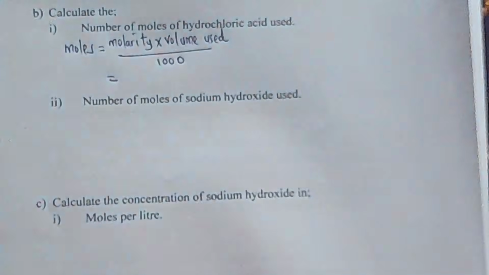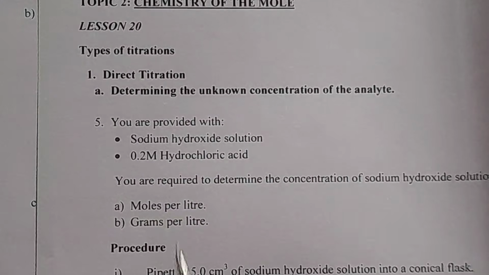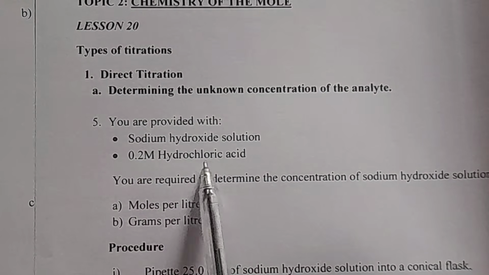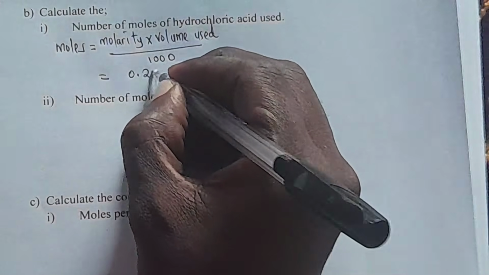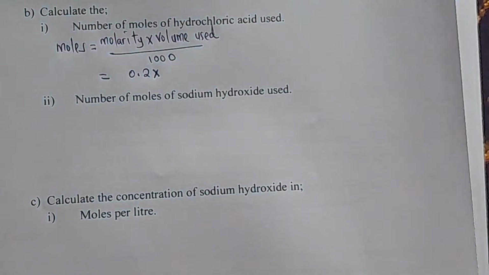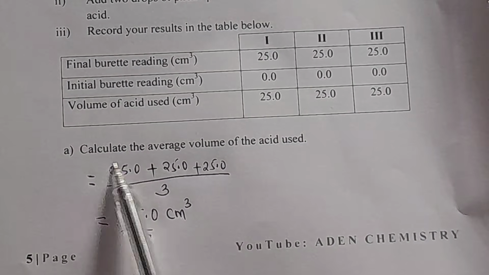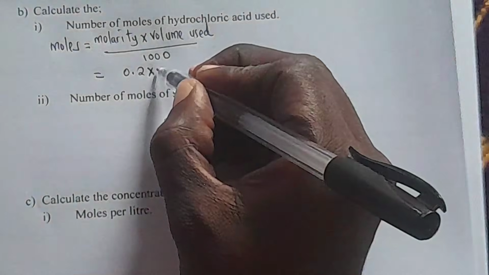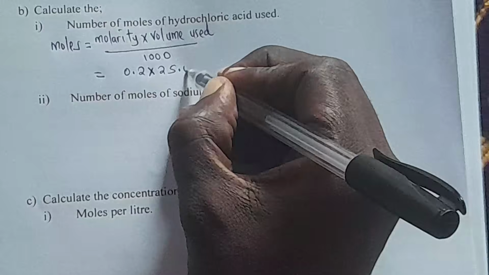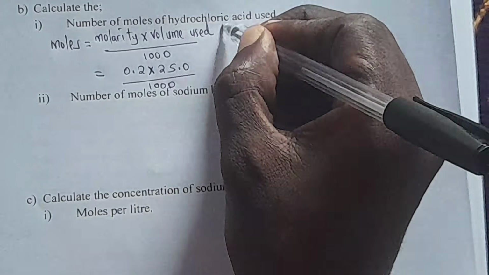The molarity of hydrochloric acid is 0.2, given here as 0.2 molar hydrochloric acid. So we have 0.2 times the volume used of hydrochloric acid, which is 25, the average volume we calculated, 25.0, then divided by 1000, which is in the formula.